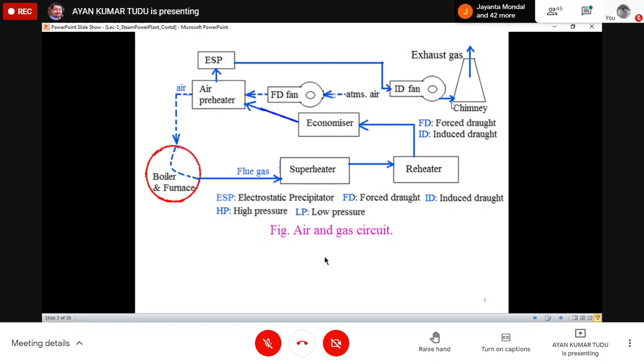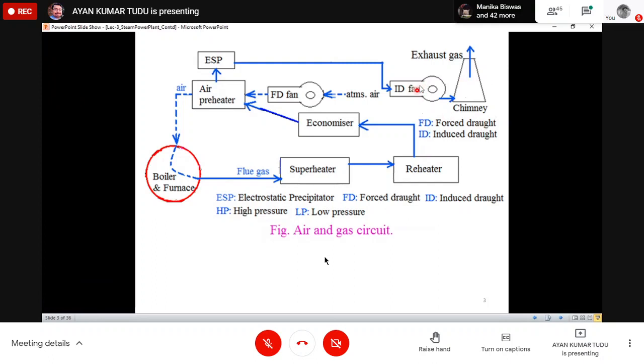As you can see, another fan is installed just before the chimney, which is the induced draught fan, installed between the electrostatic precipitator and the chimney.